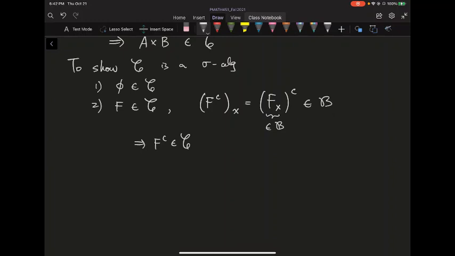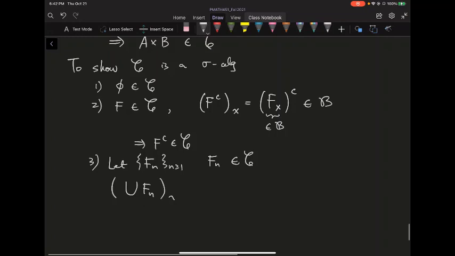So you show C is closed under complement, and finally, let's take a countable union. Suppose F_n, with n greater than or equal to 1, each of these F_n is inside C. If you look at the union of these F_n and you fix an x, and look at the section over x, it's really easy to see that this is essentially the union of these (F_n)_x, with n greater than or equal to 1.